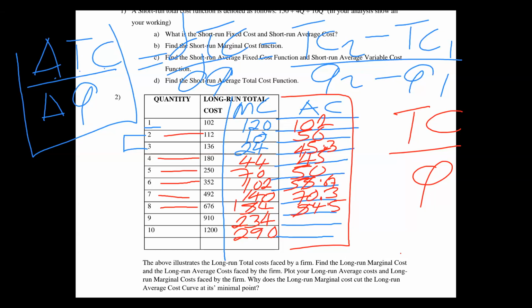What about the other one? 101.11. And the last one? 1,200 divided by 10, that is 120. Right. Is there any question?